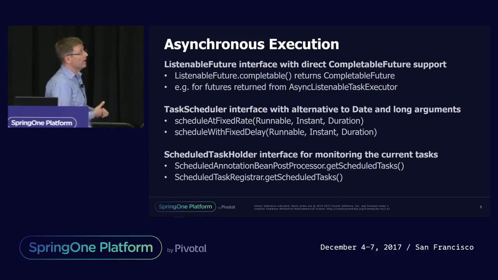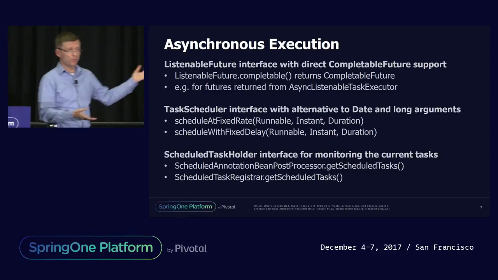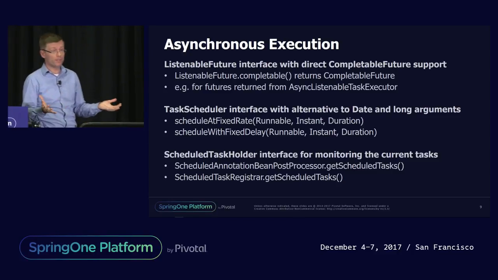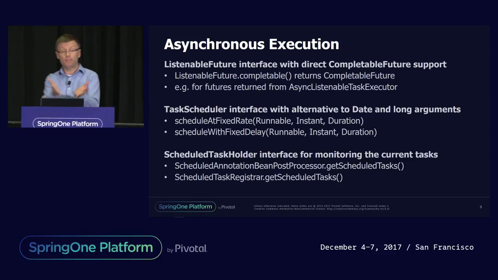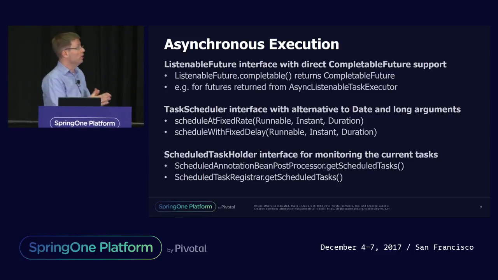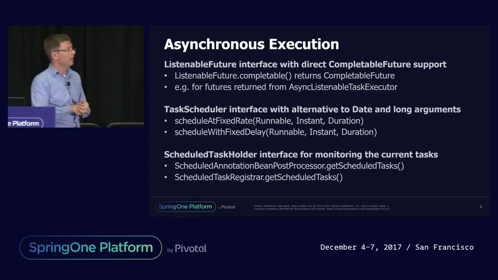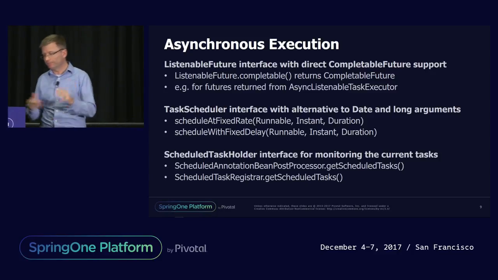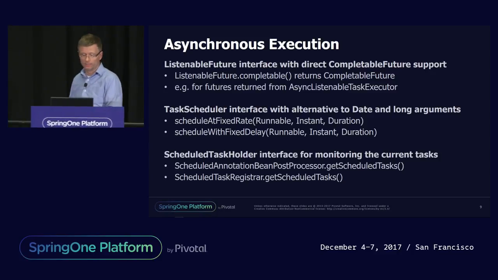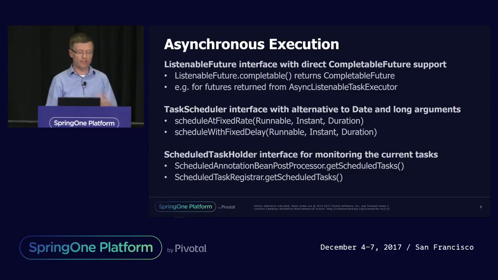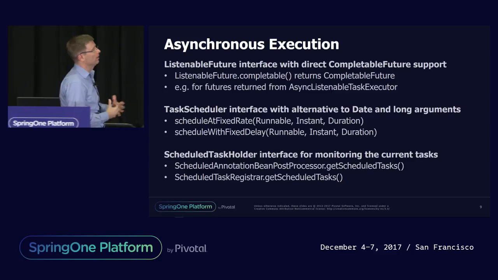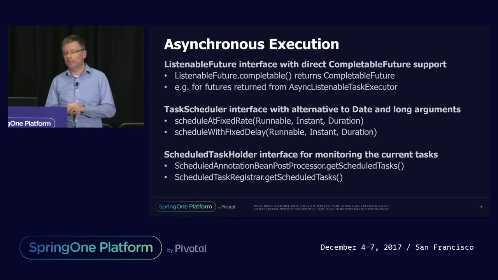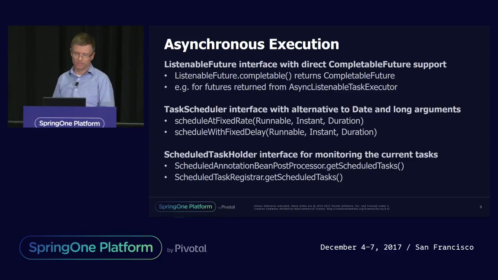And the scheduled tasks endpoint in Spring Boot 2 makes use of this, of course, but it's a programmatic facility at any point in a custom monitoring solution or a custom endpoint that you're designing for those purposes. You could also introspect those tasks. You could see them. You could even go as far as making decisions about canceling them under certain conditions, whatever. Right? It's a programmatic facility of interacting with declaratively scheduled tasks in particular.